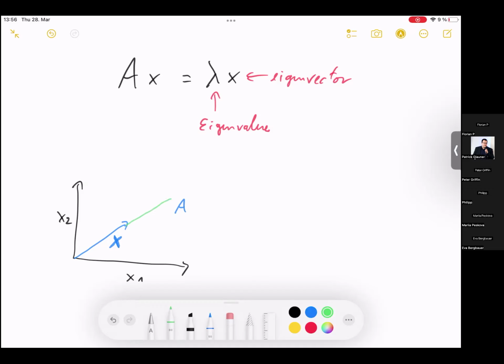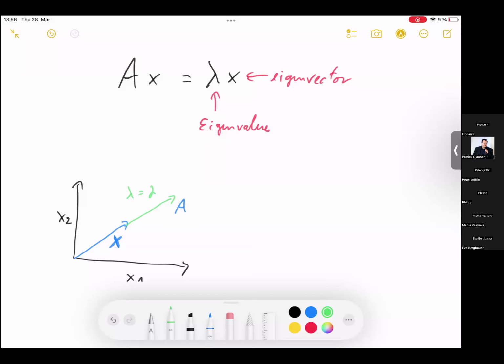For example, if the length doubles, then the corresponding eigenvalue could be 2. Right, lambda would be 2 if the length of the vector doubles when multiplying it with A, but the direction does not change. This could be an interpretation from a geometry perspective.